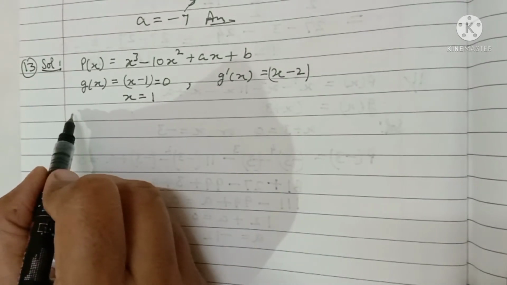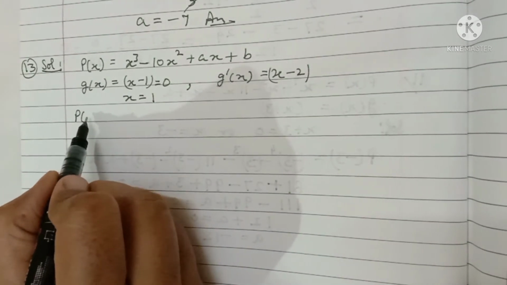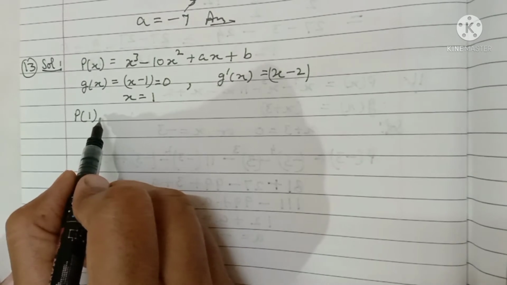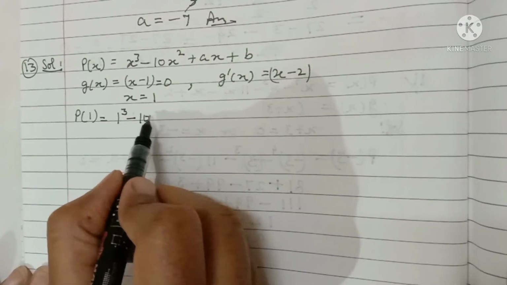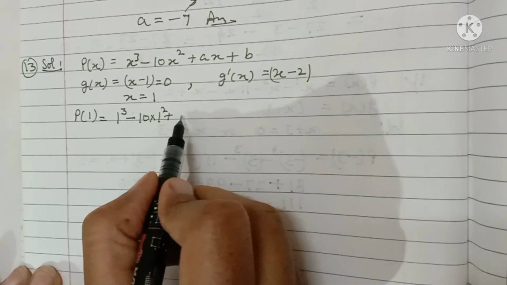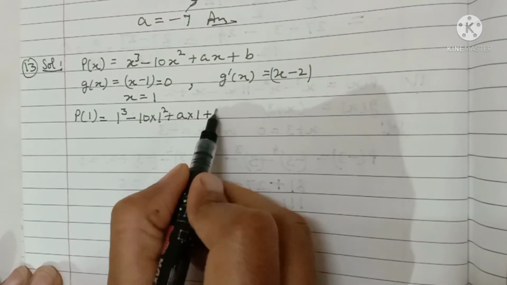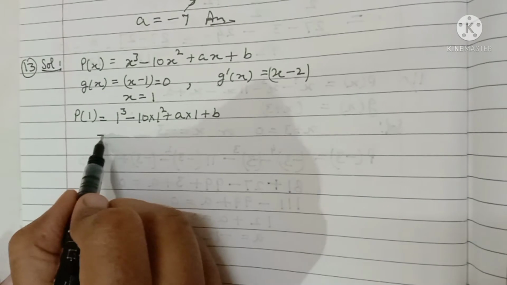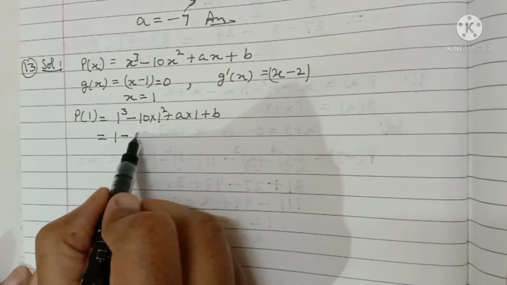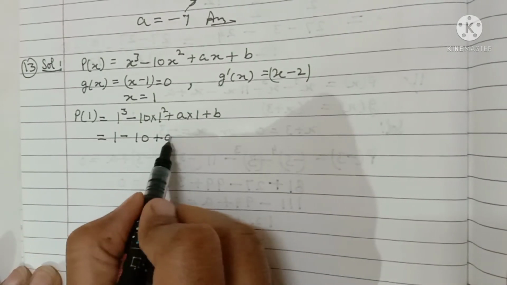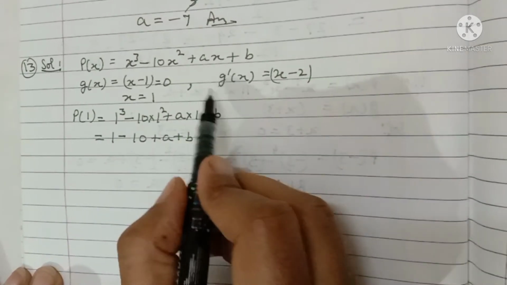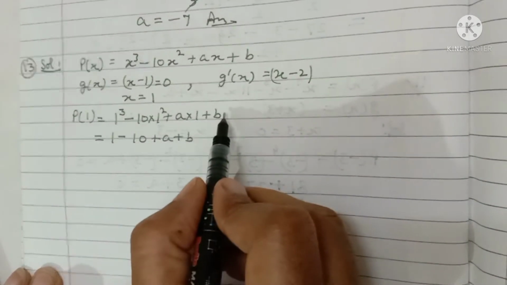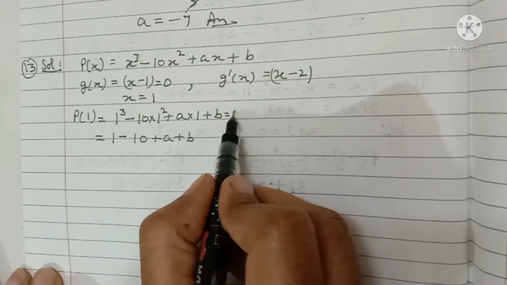Now find the value at p(1) is equal to 1 cube minus 10 into 1 square plus a into 1 plus b. This is equal to 1 minus 10 plus a plus b, and we have to put, because remainder is 0, this equal to 0.